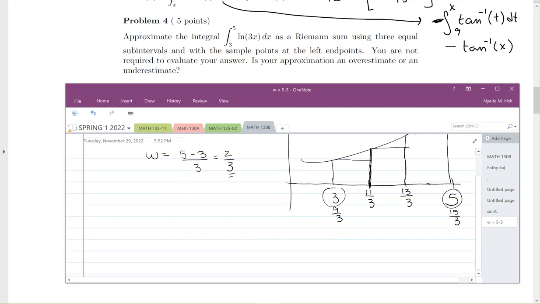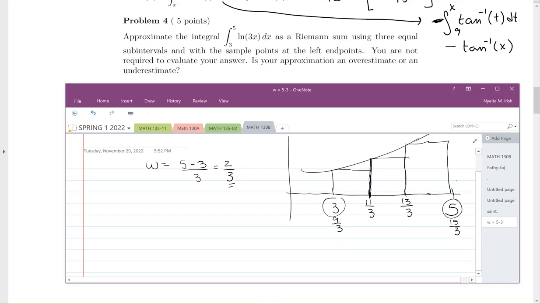So now I want to know what's the area of these rectangles. It's this height times that width. Well, I know the width is 2/3. The height is the function evaluated at that point. The function was natural log of 3x.